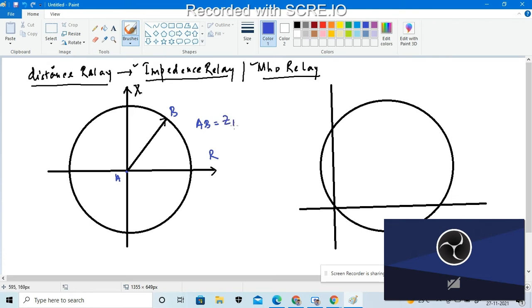It should be considered as my Z line. This will be the representation of the impedance relay.